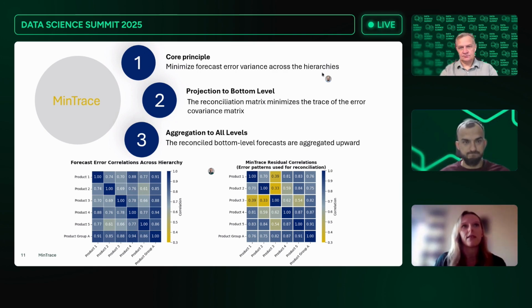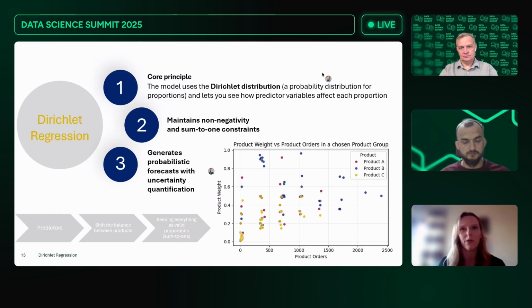Yes, so MinT helped us to remove the error in the covariance matrix. The second model was Dirichlet regression, which models the probabilities of each individual product.